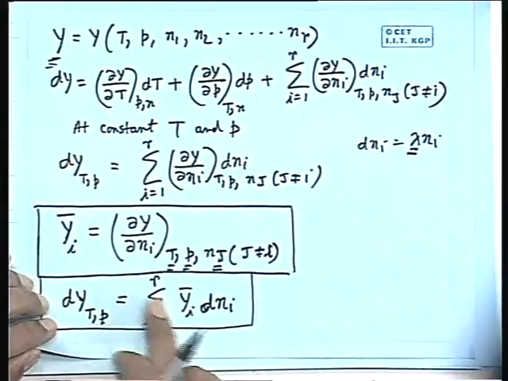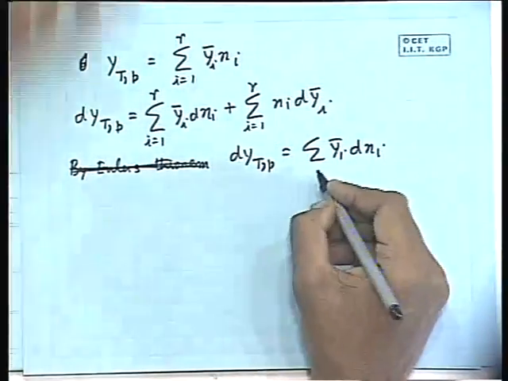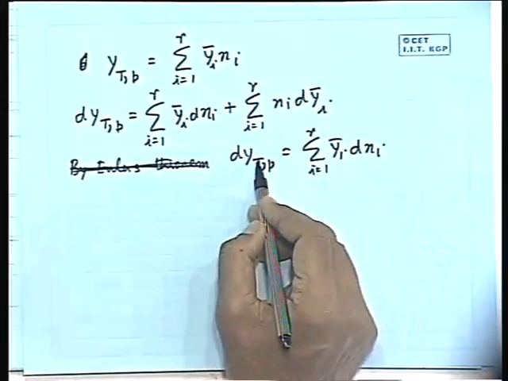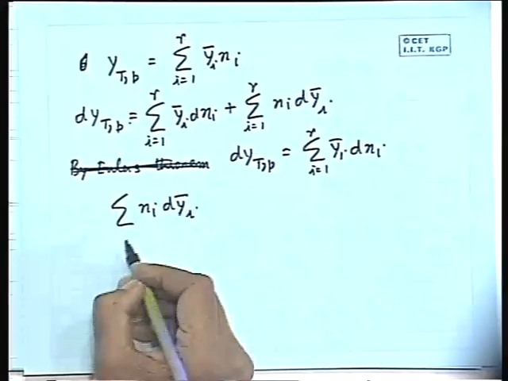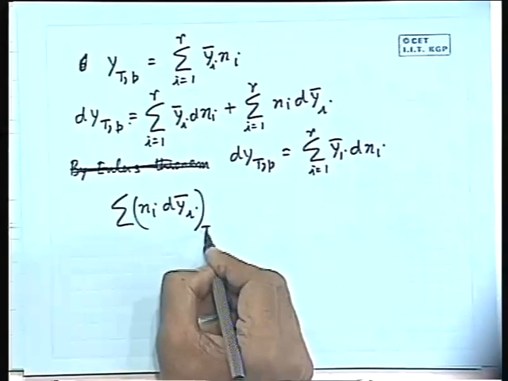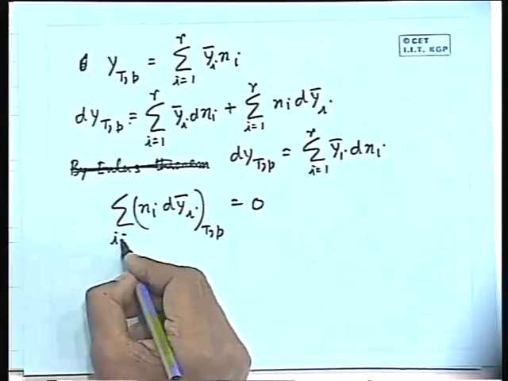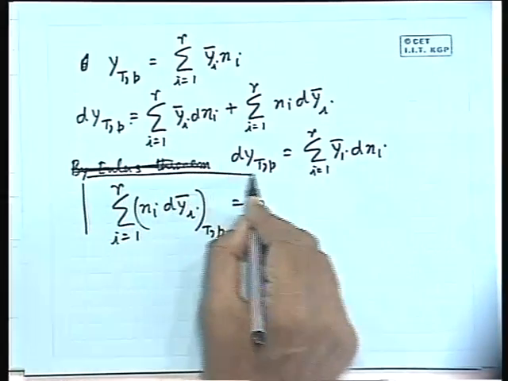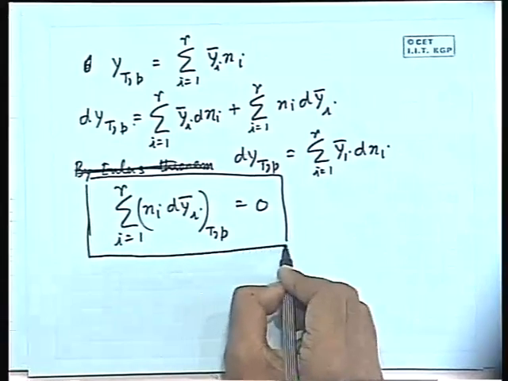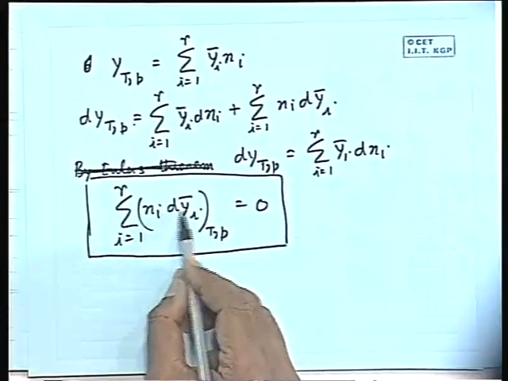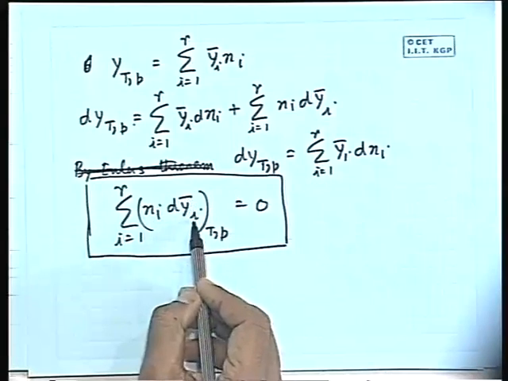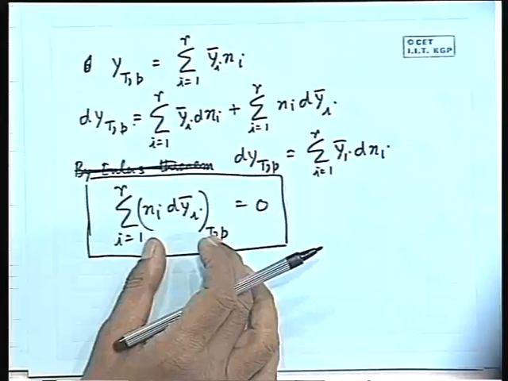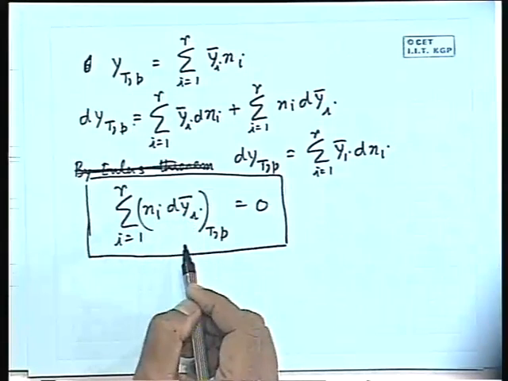Just now we have discussed that dY at T and P is sigma Yi bar dNi, i equal to 1 to r. So if you compare these two, we get, at constant temperature and pressure, this is equal to 0. It is again one very important relationship. Just like Ni dGi is 0, Ni d mu i is 0, similarly Ni dYi bar is 0. So it is one very, very important relationship among the partial molar properties and the number of moles.